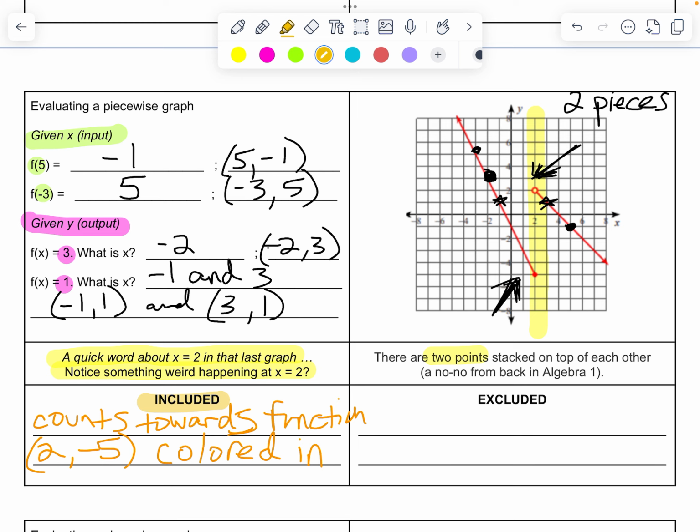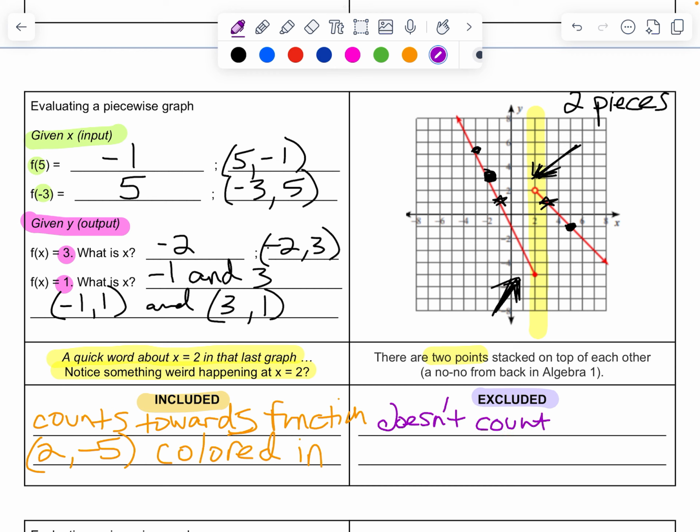A point value that is excluded would be something that is shown on the picture but does not count towards the function. And what do I mean by that? Well, first and foremost, let's go ahead and say that it doesn't count for the function.